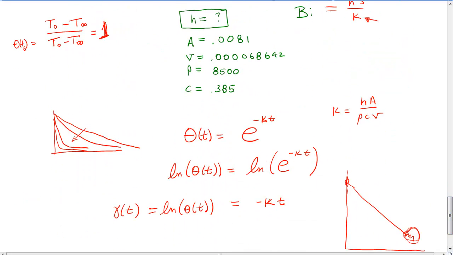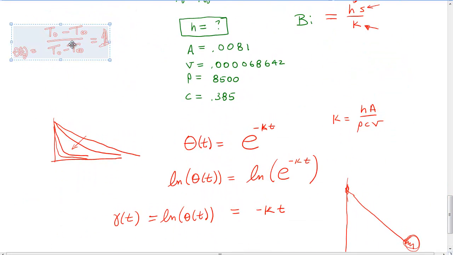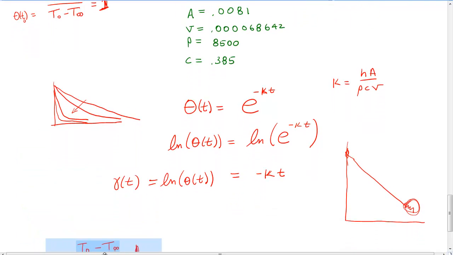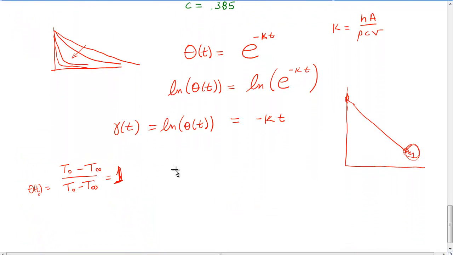Okay, so let's grab that, move it down here, and let's think about this for a second. If that were the case, we would be taking the log of 1 here. Let's do so. Find out what we get. Type it in your calculator and you'll get 0.